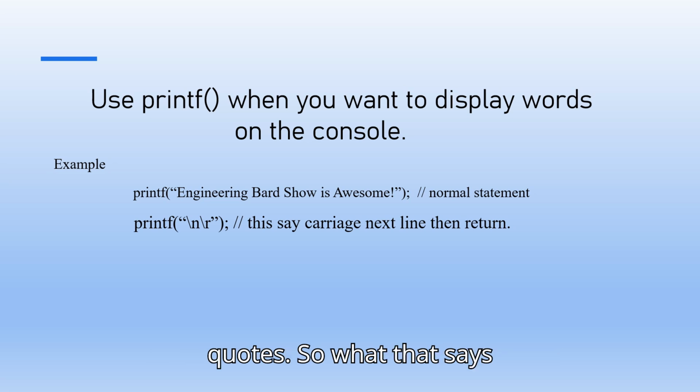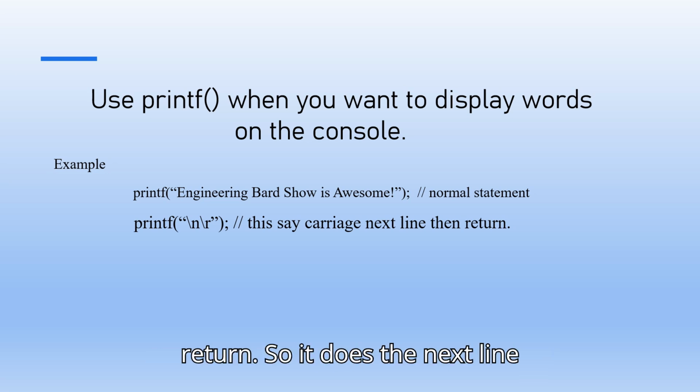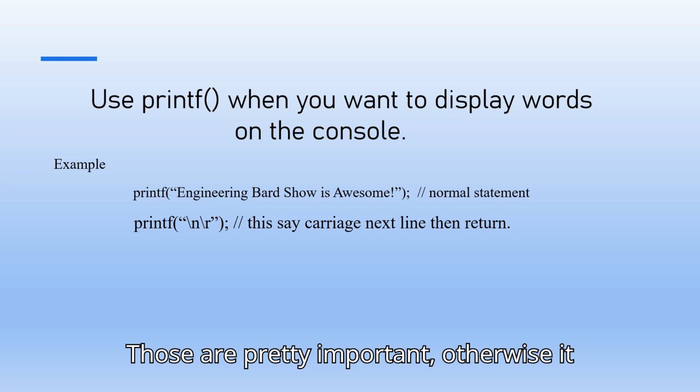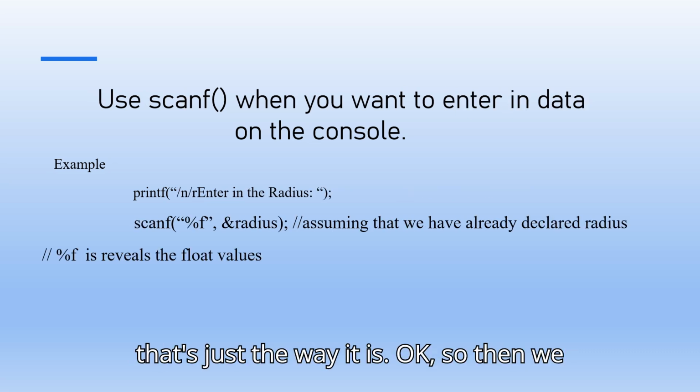What that says is the next line, then return. So it does the next line and then returns to the start of the screen again. Those are pretty important, otherwise it might stop. I don't know why, but that's just the way it is.